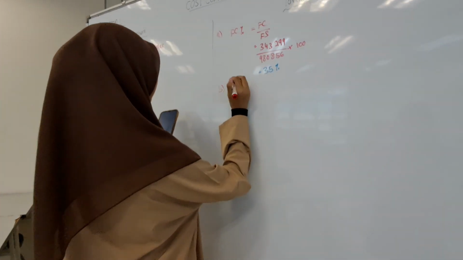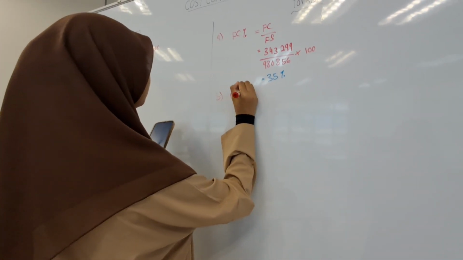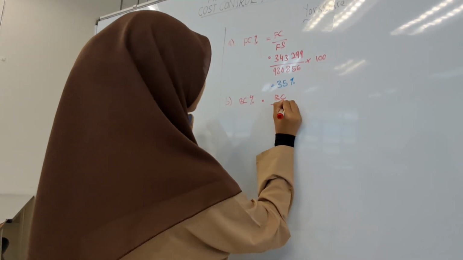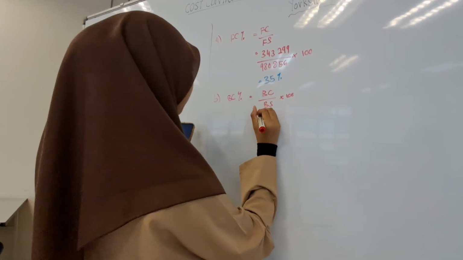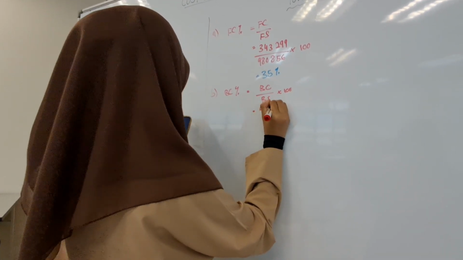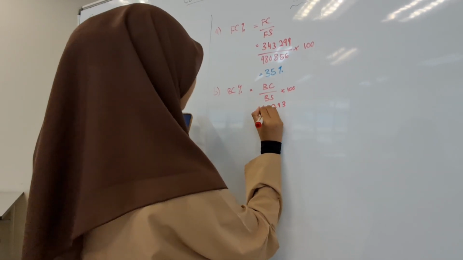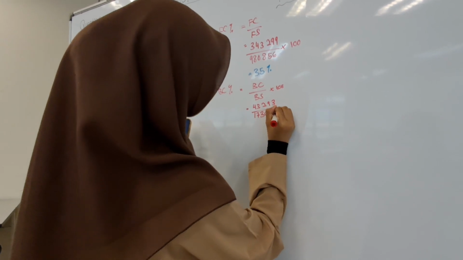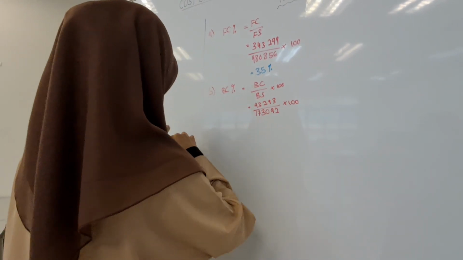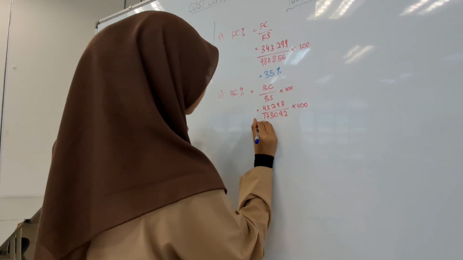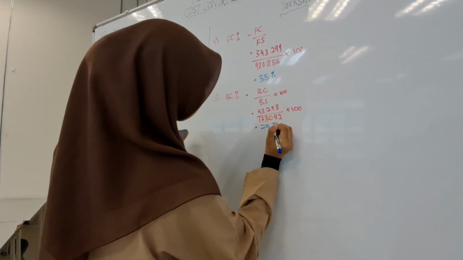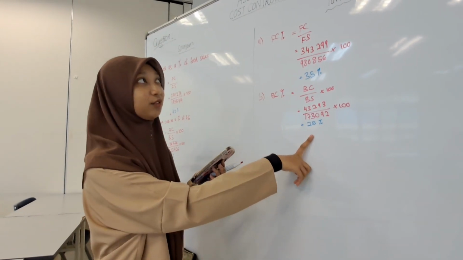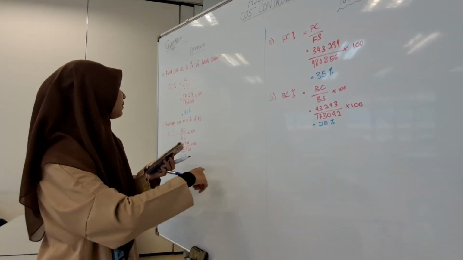For Yorkshire restaurant, same formula. Get 25% for Yorkshire restaurant for beverage cost.